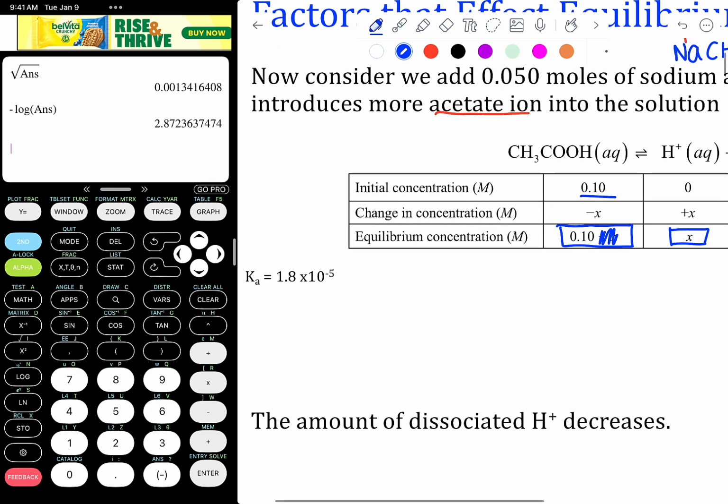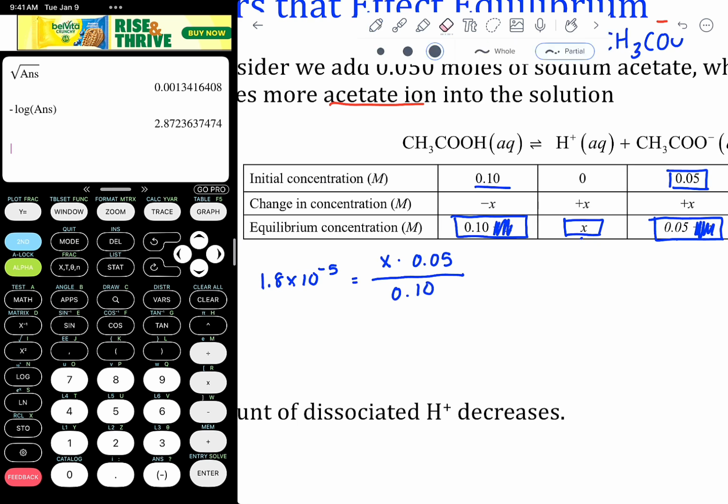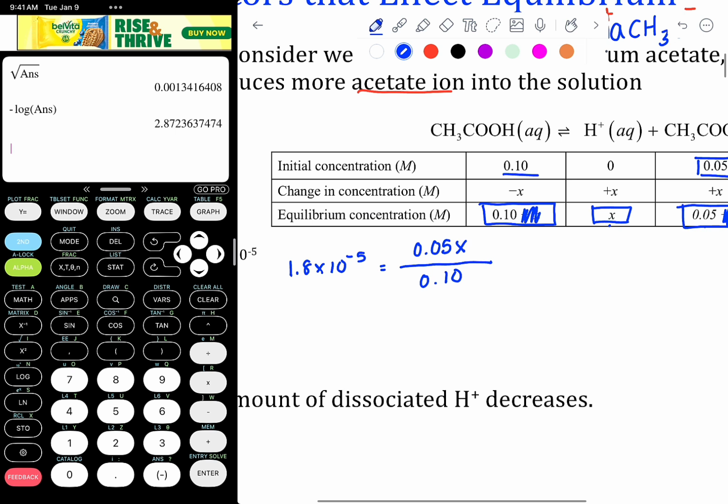So now we have 1.8 times 10 to the minus 5 is equal to, now our products is x times 0.05, so x times 0.05 divided by that 0.10. We can simplify this top part to be 0.05x, and now we can solve for x.